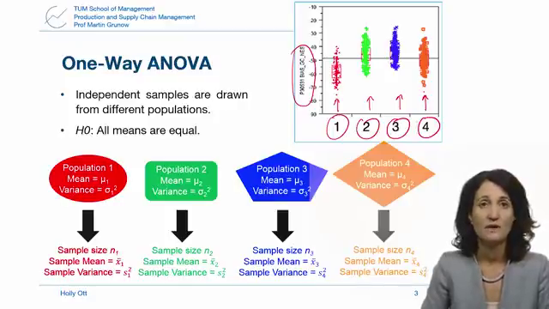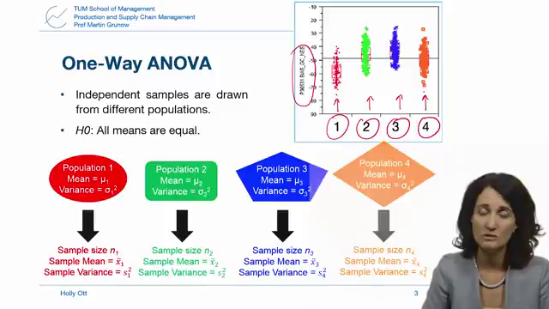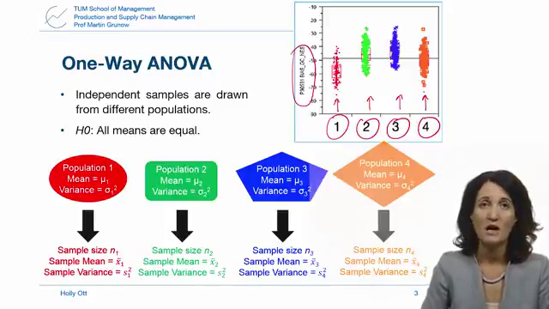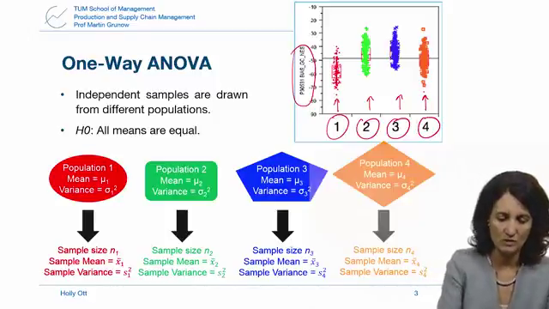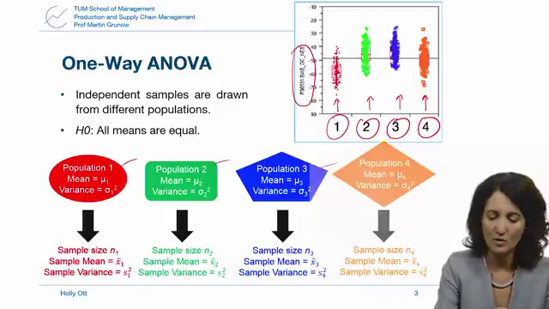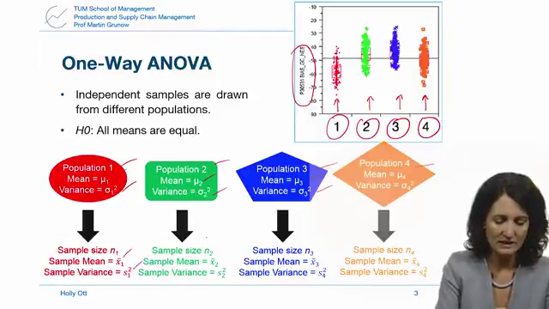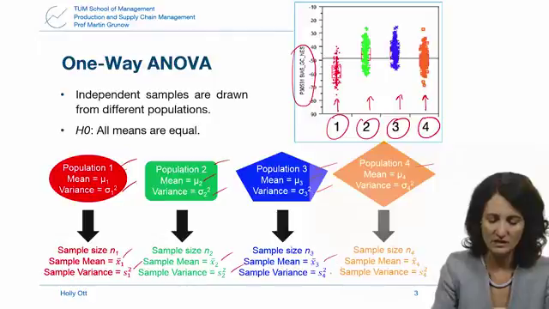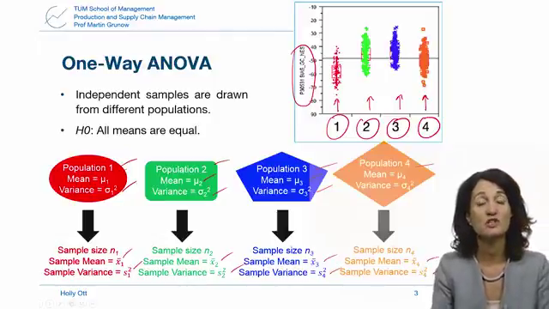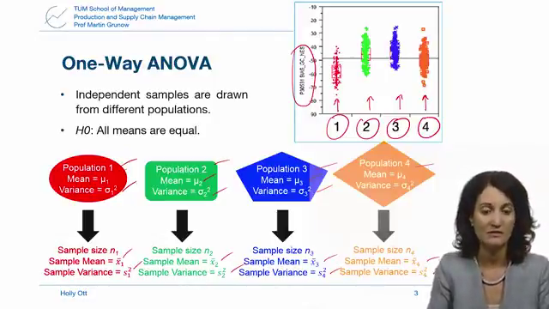So in a one-way ANOVA, we have independent, random samples drawn from different normally distributed populations. Each population, so 1, 2, 3, and 4, has its own mean and standard deviation. And from our samples, we can calculate a sample mean and a sample standard deviation for each population, which is then our unbiased estimator for the actual mean and variance of that population.